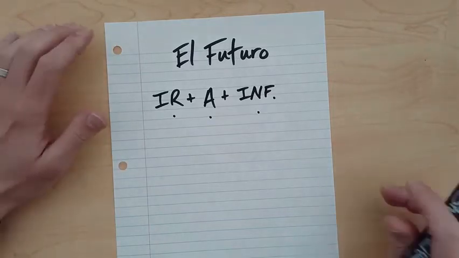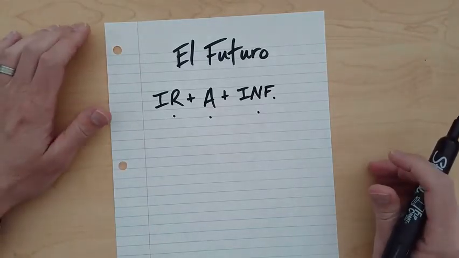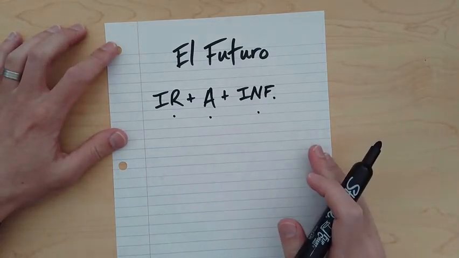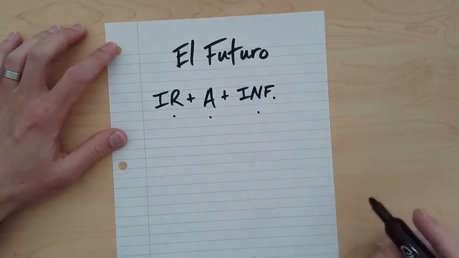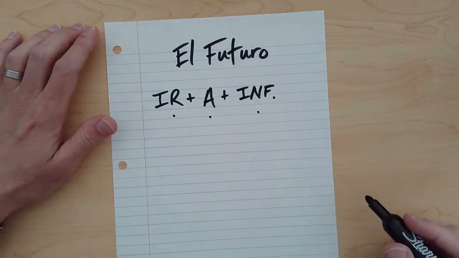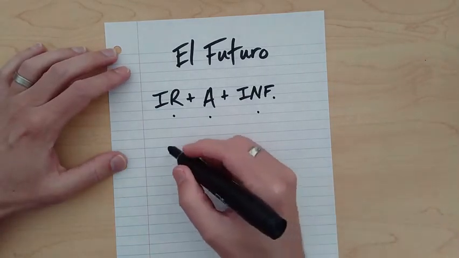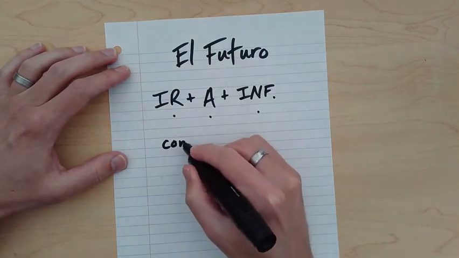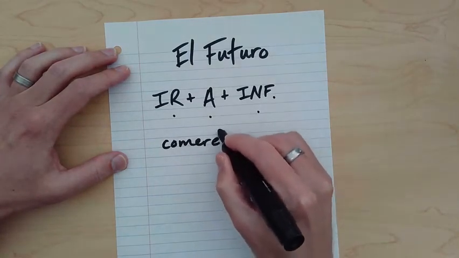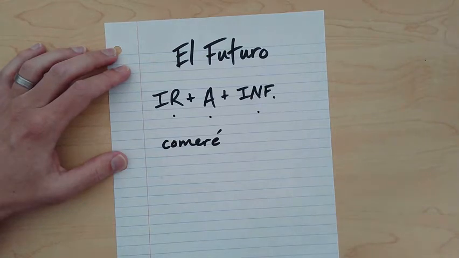So why even use it? Well, we can think about the main difference being what you're going to do versus what you will do. Let me give you some examples of the future tense. Comeré or voy a comer.